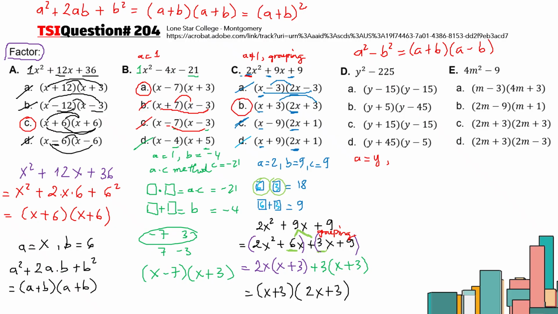You should know from 1 squared to 20 squared. 15 squared is 225. So my b is 15. I can write that down again: y squared minus 15 squared, that's my 225. So this one will equal y plus 15 times y minus 15.